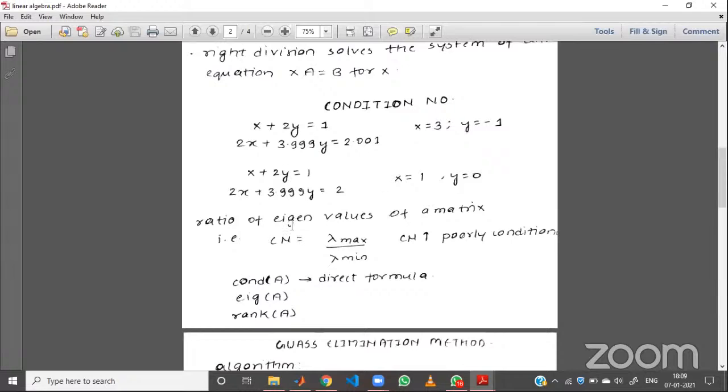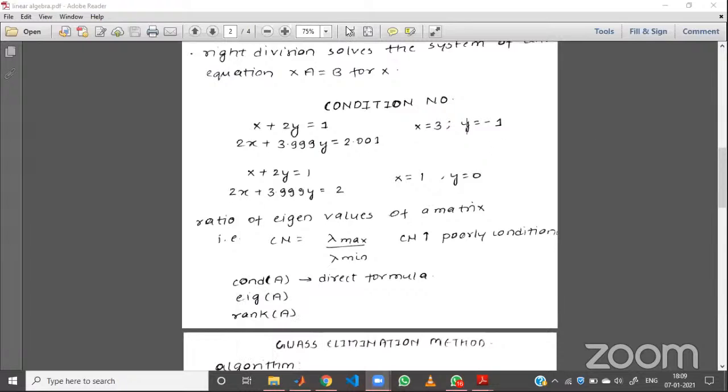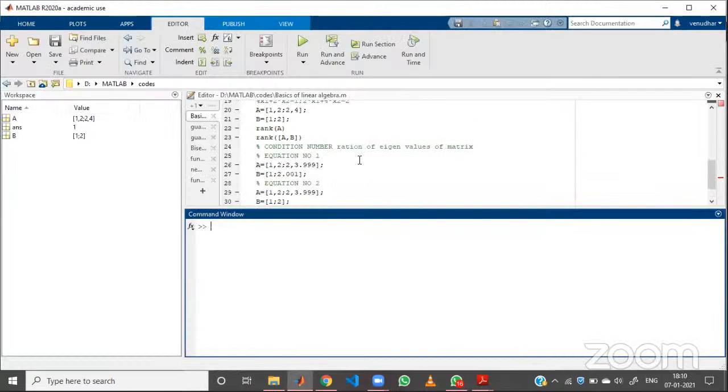So how do we find the condition number of a matrix? Let me share the MATLAB screen.